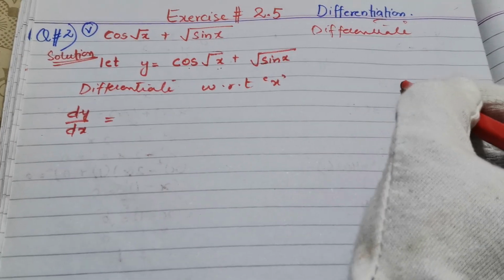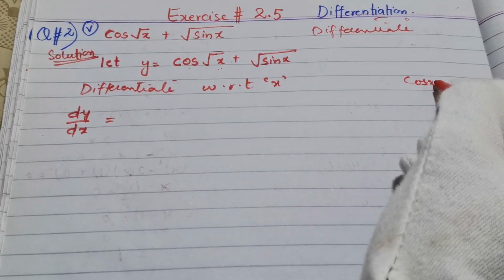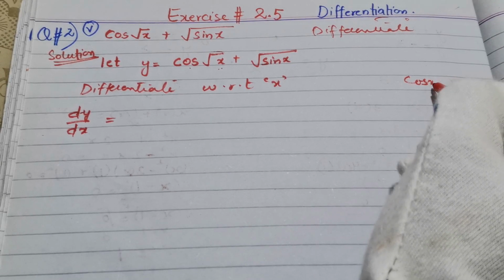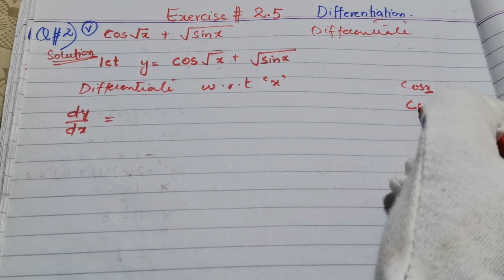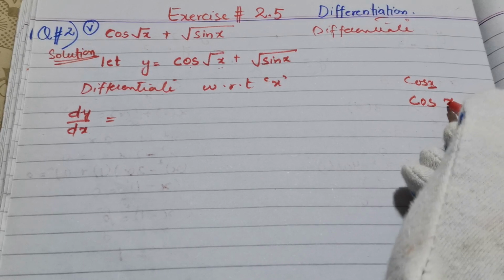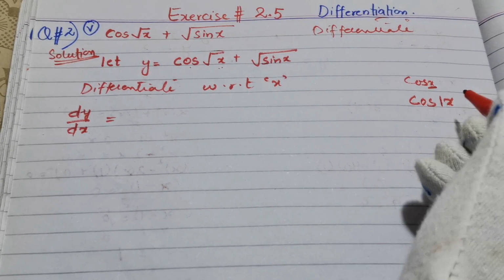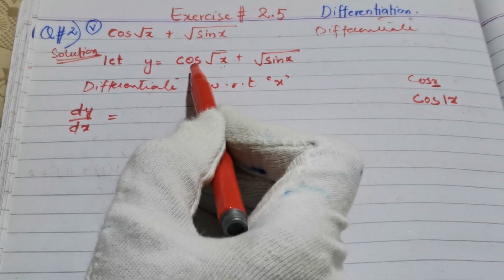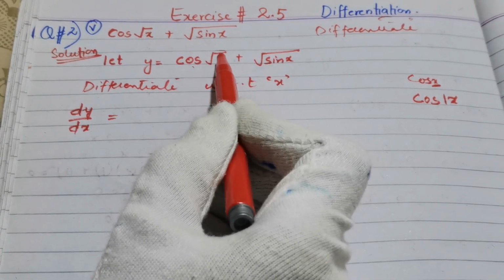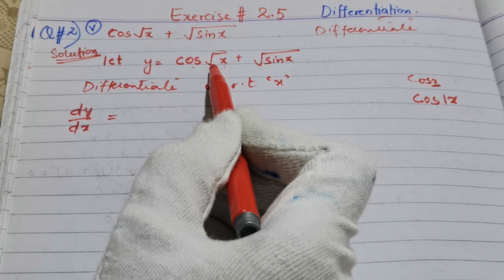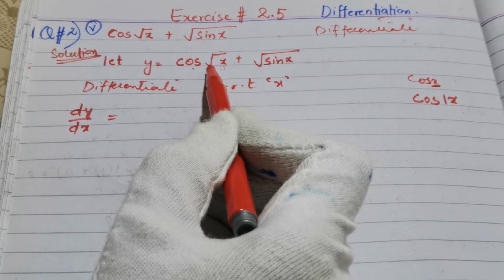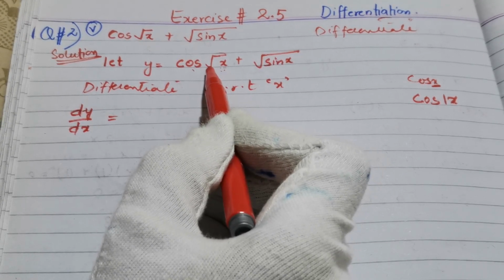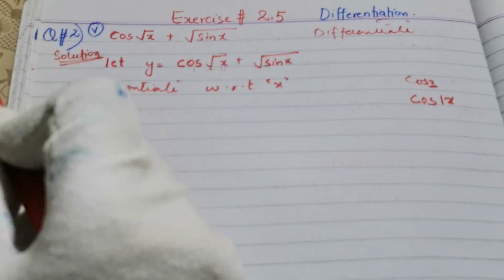It means angle should be first cos x. Angle, here angle is 1. But we can see that in this question cos x is in the form of under root. So it means this is not a simple x, so we will again differentiate this angle.